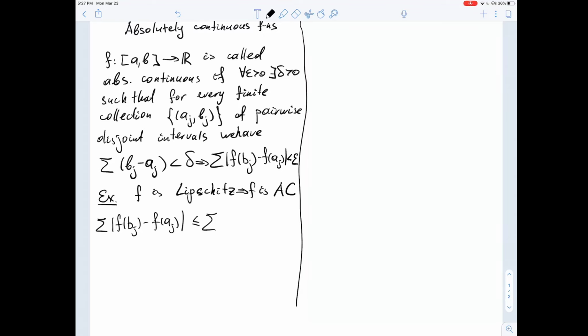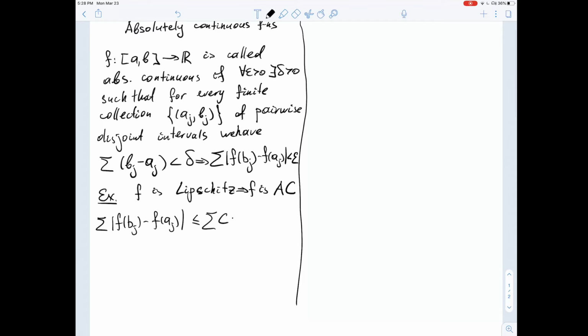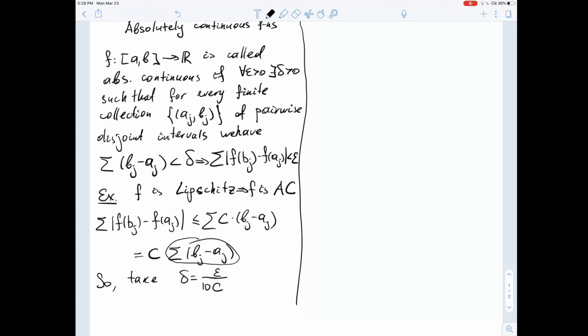It means that the difference of the values is less than or equal to a constant times bj minus aj, and the constant factors out. So we can take delta equal to epsilon divided by c, for example, or we can take 10c to be safe, and everything's fine. If this sum is less than delta, then multiplied by c it will be less than epsilon over 10, so definitely less than epsilon.